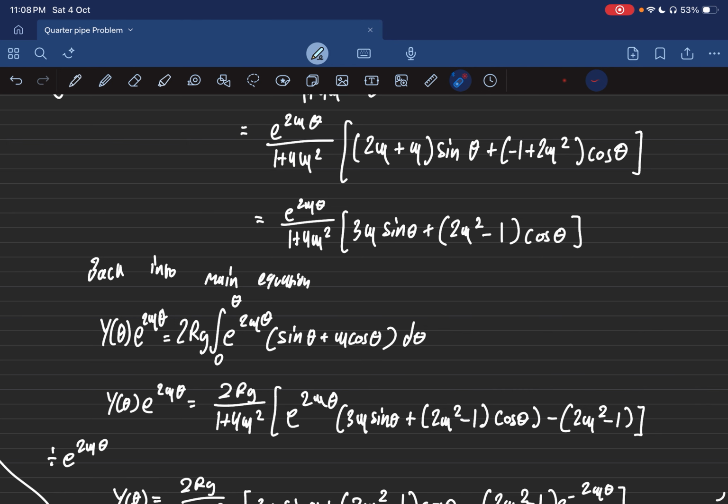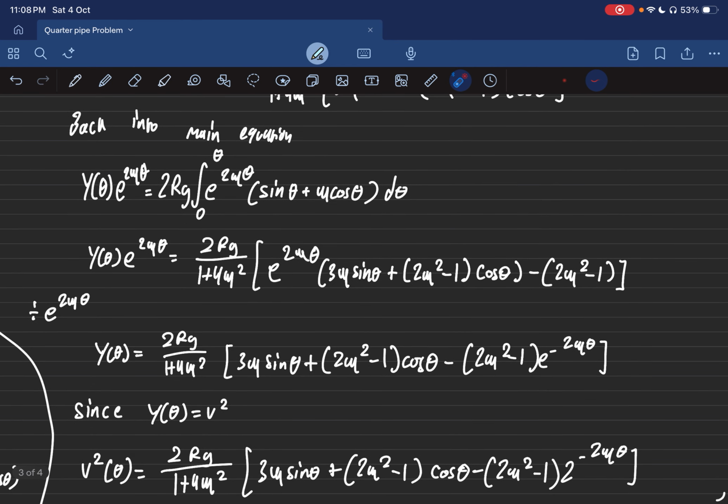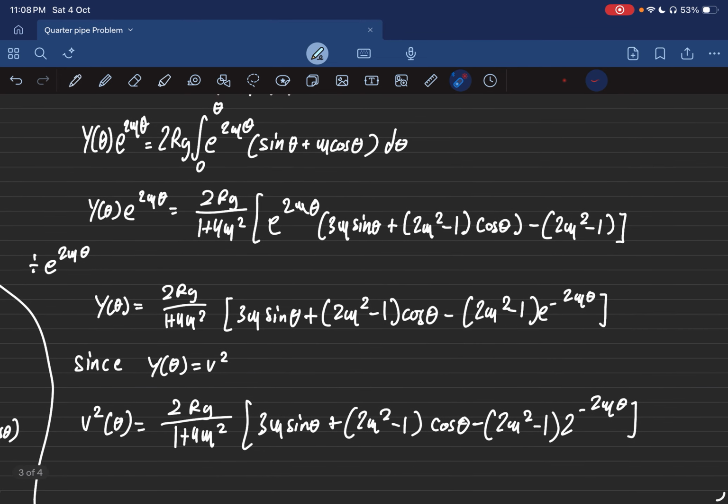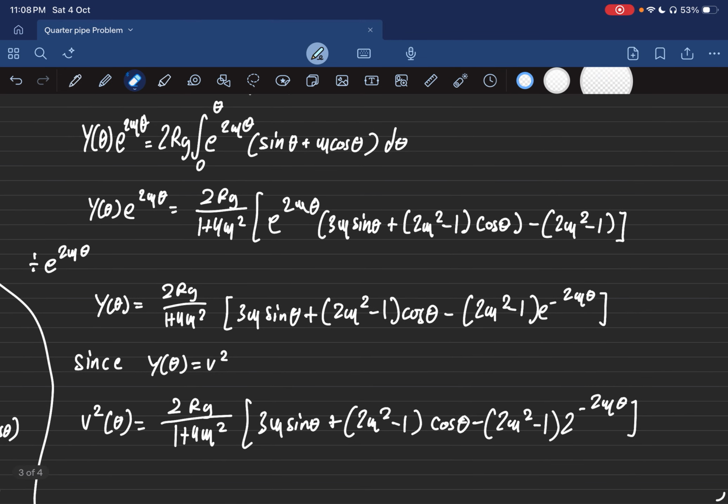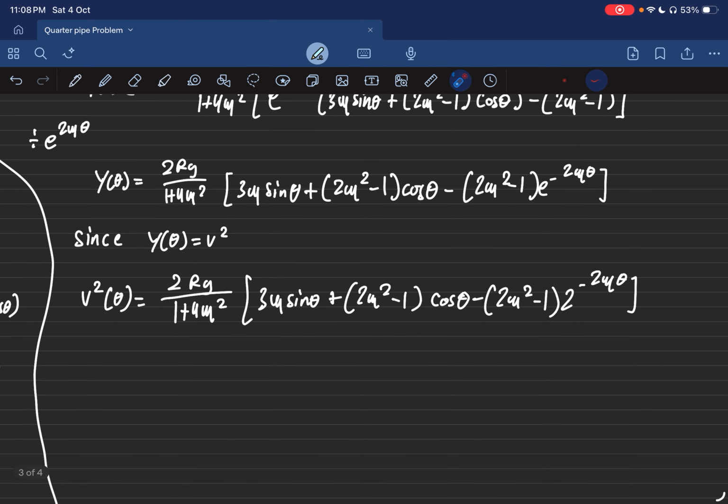That's what you get over there. Nice. Divide by the integrating factor, just to eliminate it. And I wrote this as minus because it looks nicer. I wouldn't want to have a random fraction going on in this big bracket.